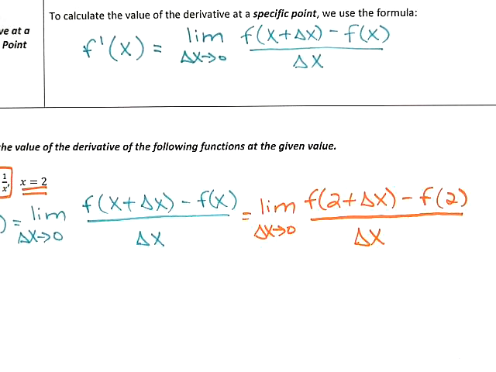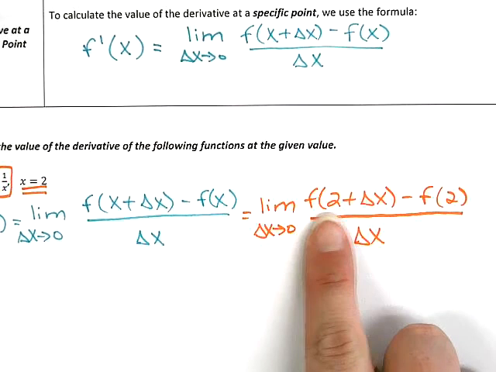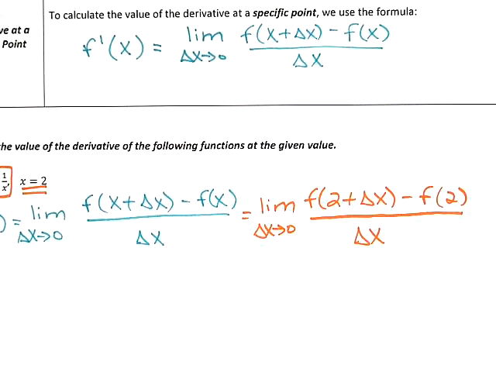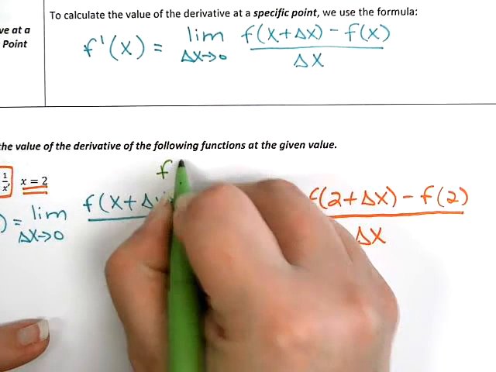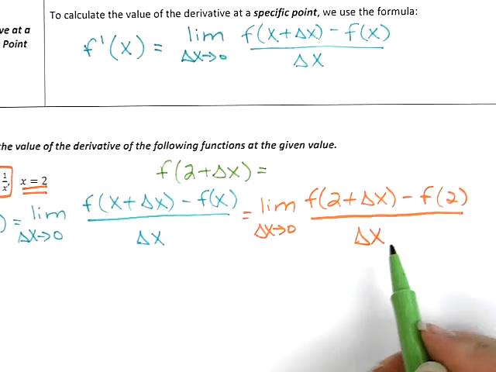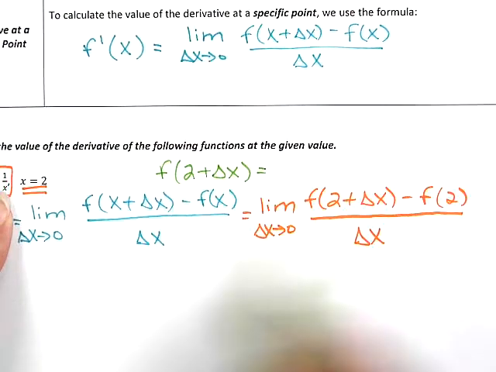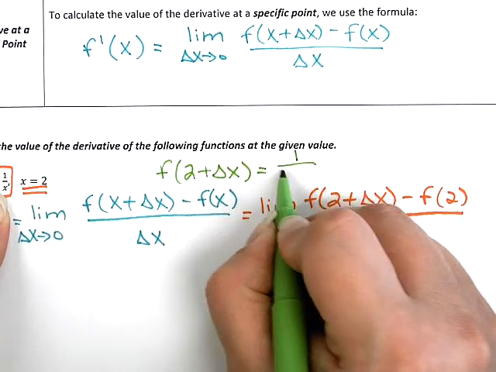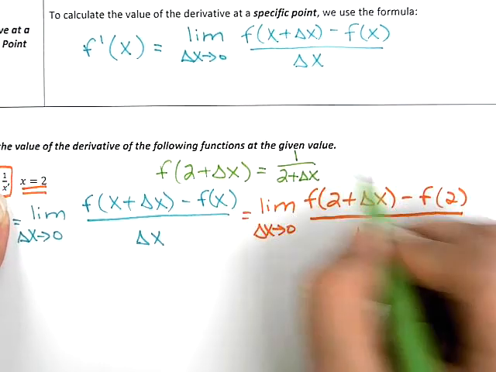And now we have to think back to, okay, what does this f of 2 plus delta x mean? It means plug in 2 plus delta x. So f of 2 plus delta x means plug that into my function. Well, my function is 1 over x. So it means 1 over 2 plus delta x.